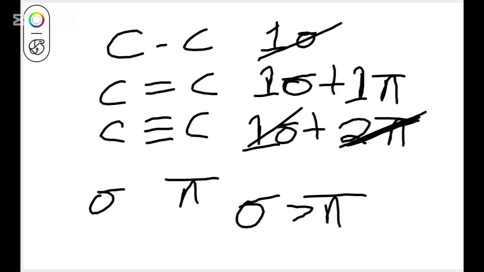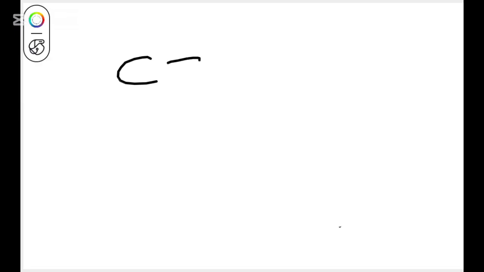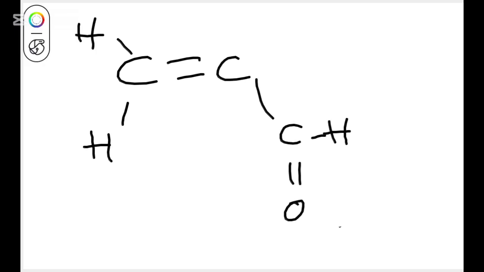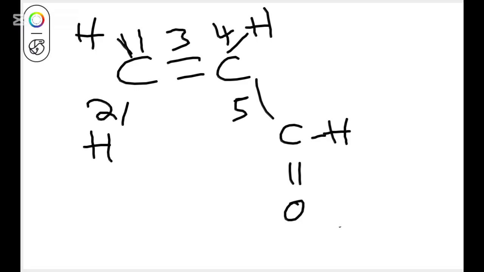So let's say suppose I have something like this. How many pi bonds and sigma bonds do I have here? For the sigma bonds, I have one, two, three, four, five, six, and seven.